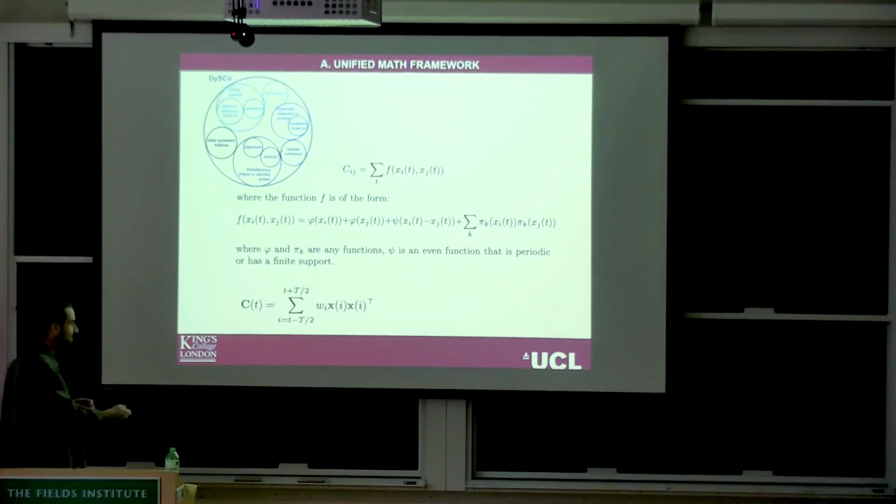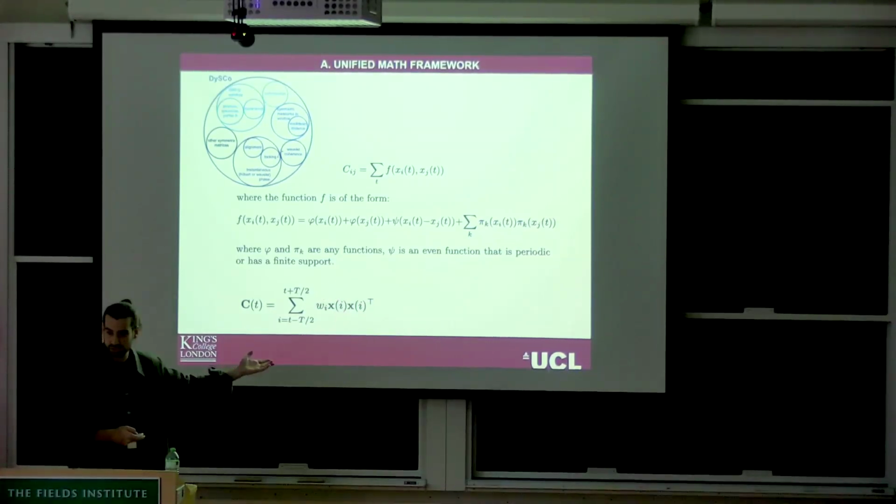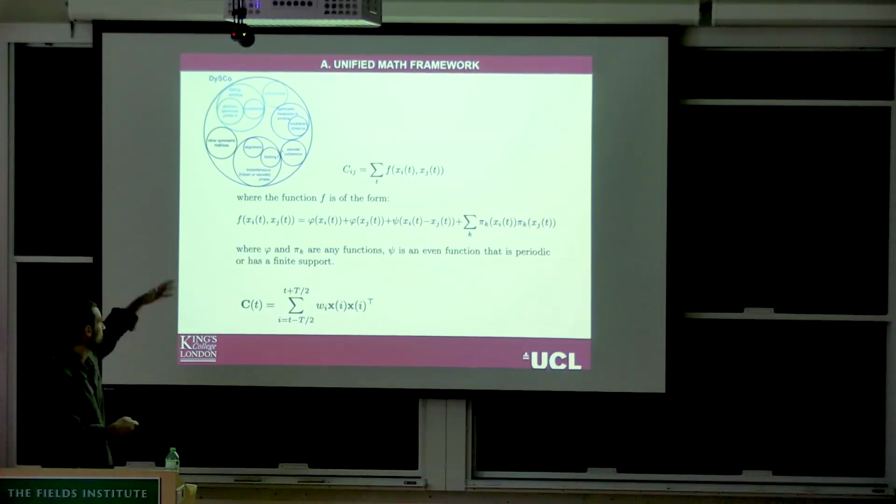So in a sum over a window of x transpose, where x is the signal vector, or a linear or non-linear transformation of the signal vector, times some weights. And this is trivial, for example, for a correlation or for a covariance matrix. It is non-trivial for a lot of other approaches.